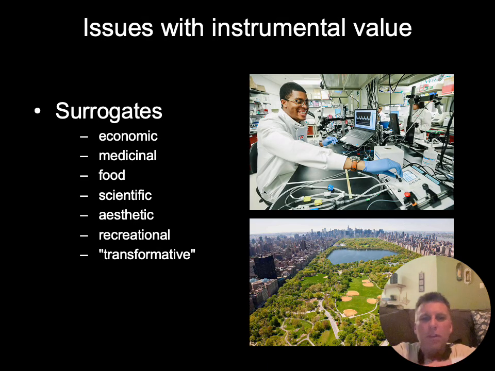So again, the problem with instrumental value is that you can always come up with something else that fits that bill. Economic value, obviously, there's money. Medicinal value, this idea of the cure for cancer in the rainforest, wouldn't it be more efficient to just put more money into developing cures in the lab? Food, there's a lot of ways to get food that don't depend on natural environments.